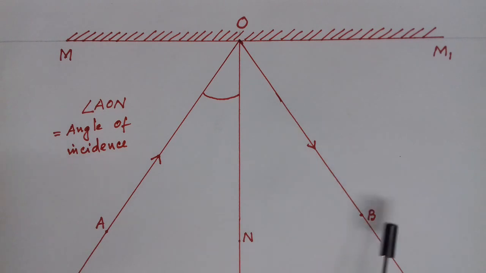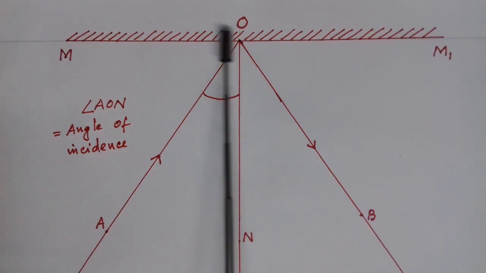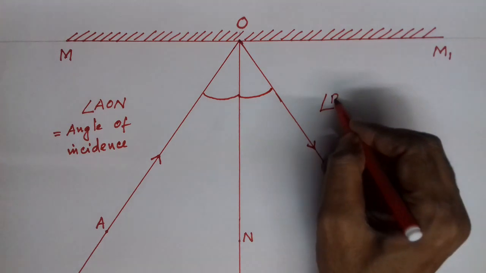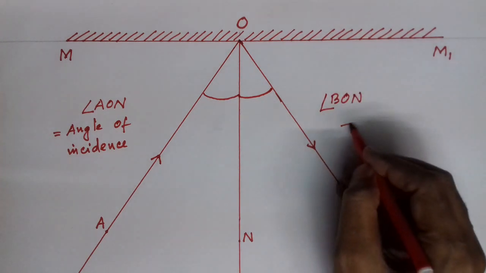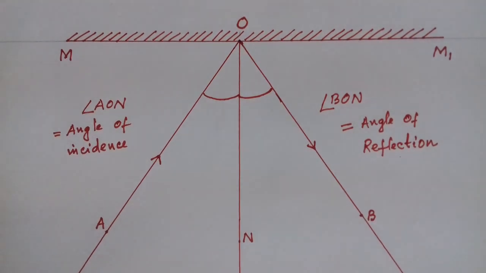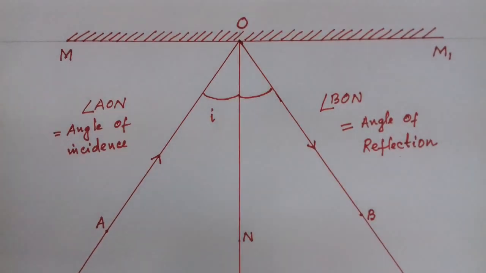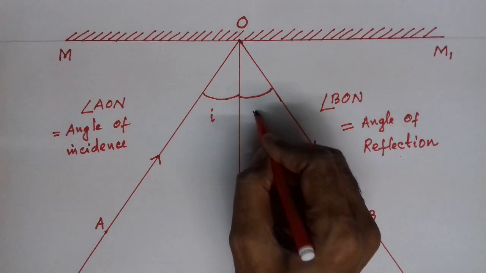Another angle is there, BON, the angle between the reflected ray and the normal. Angle BON is called the angle of reflection. Angle of incidence is denoted by the initial letter of incidence, I, whereas angle of reflection is denoted by the initial letter of reflection, small r.